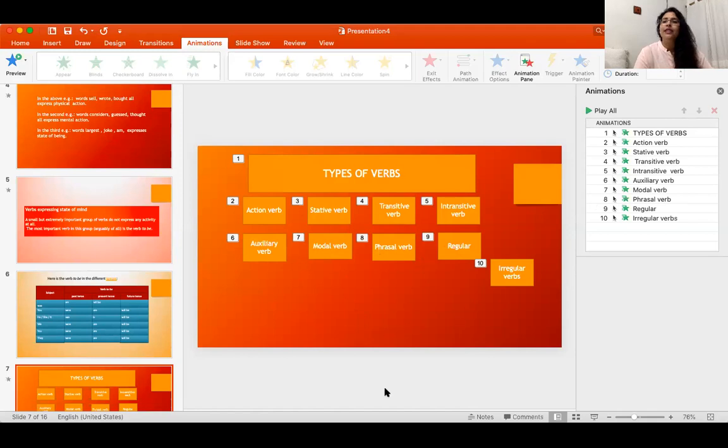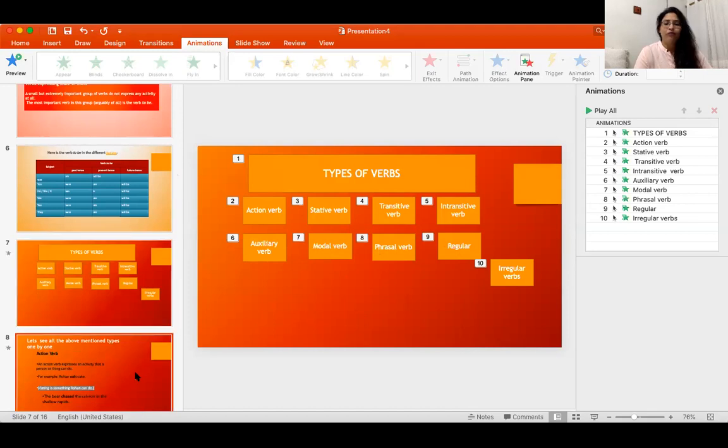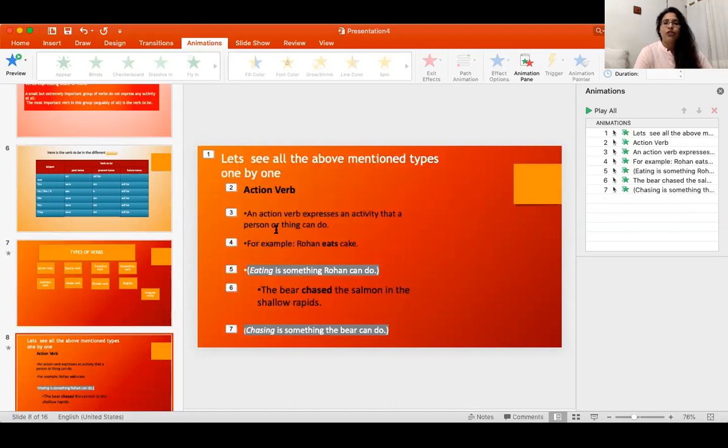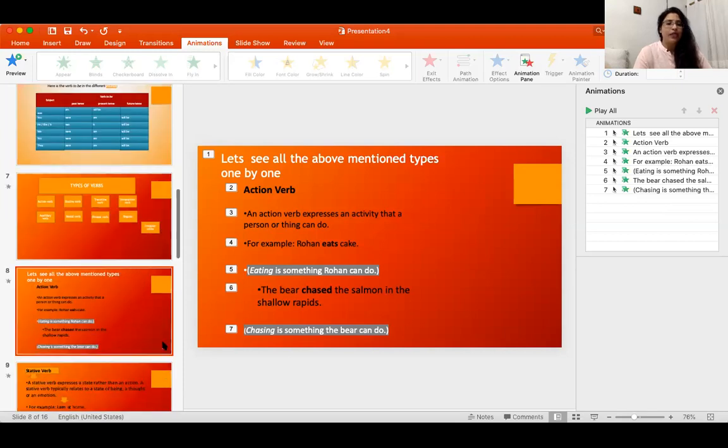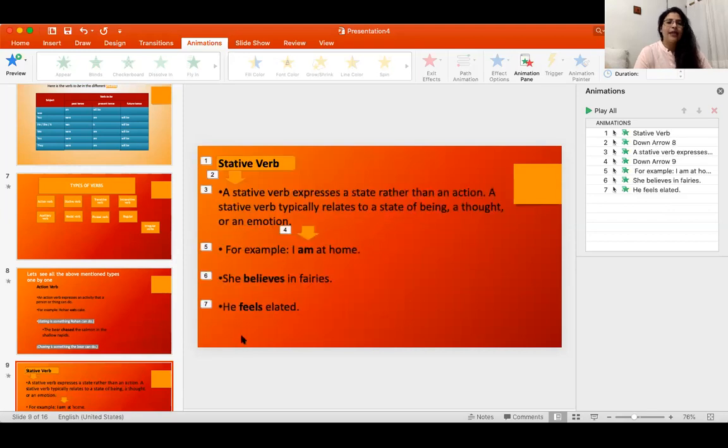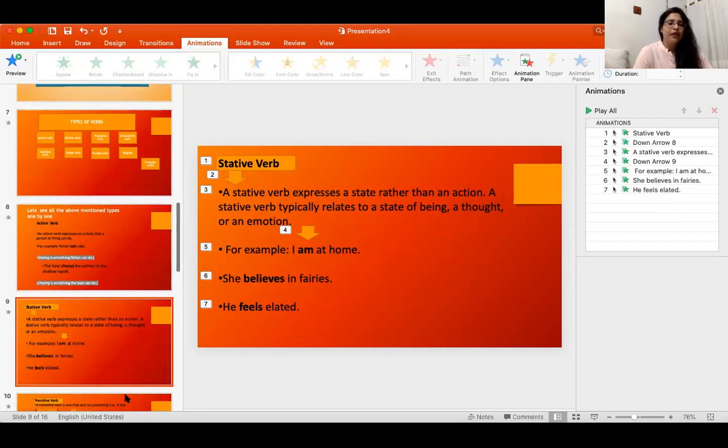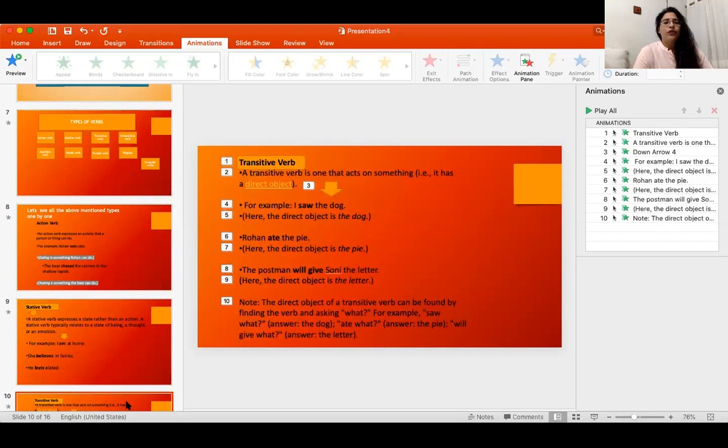An action verb denotes an action where physical activity is involved, like chasing, eating. When I say stative verbs, your mental state, thought or emotion comes in, like I am, I believe, I feel. Your mental ability is working, and your thoughts and feelings are acting as an action.